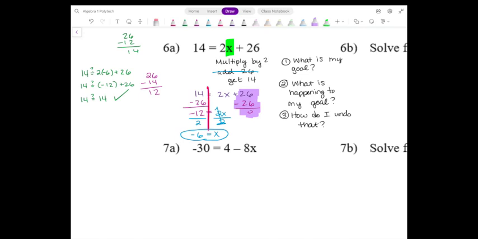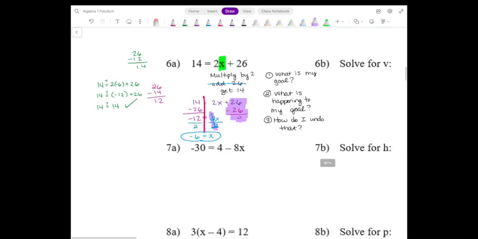Or I might stop putting the 1 through my 2 and my 2 to show that it's equal to 1x. Over on my check, I didn't label it check this time. And you'll notice that I didn't say let x equal negative 6. So sometimes we do end up starting to skip some steps as we get more comfortable with the material.